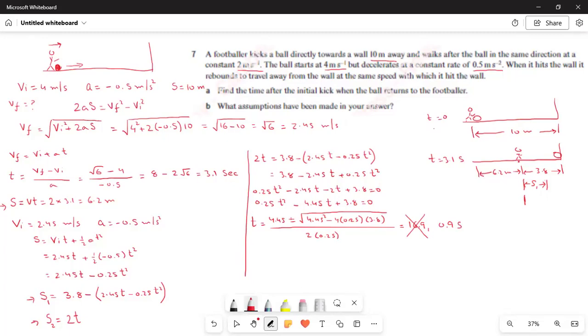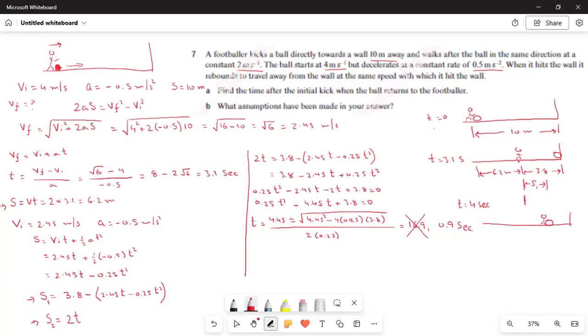So this is the time, in seconds, when the ball comes to the player again. If I make a sketch again, at t equals 3.1 plus 0.9, so this is 4 seconds now. At 4 seconds, the player and the ball meet again.